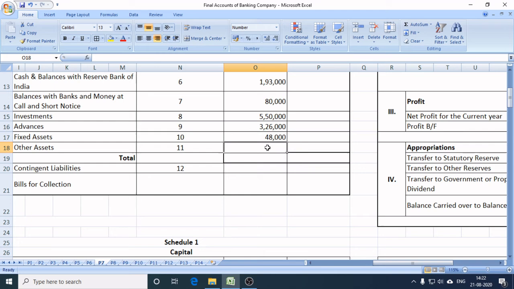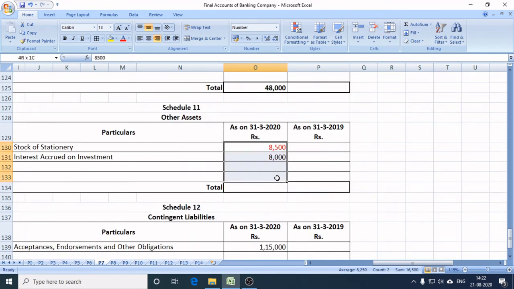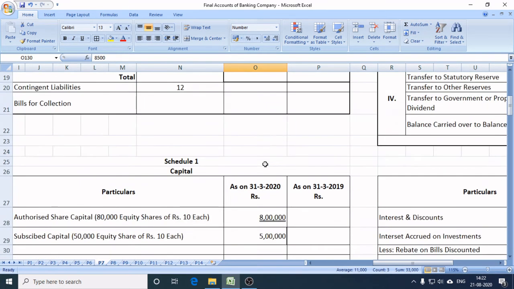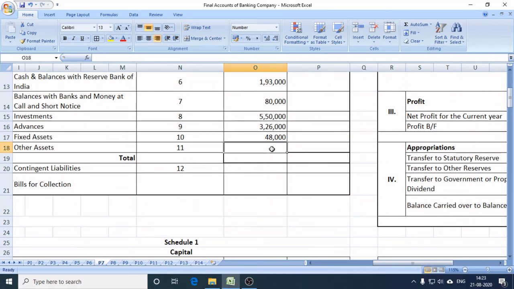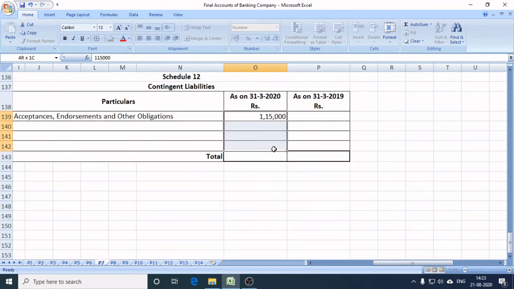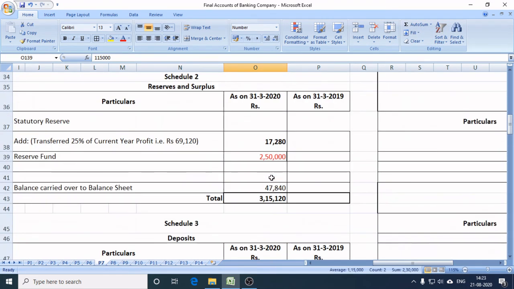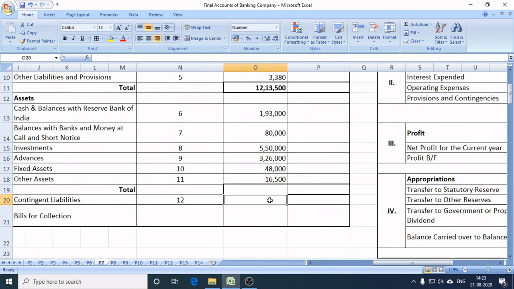Okay, number 11 now, 16,500. Okay, and finally schedule number 12, 1,15,000. That is acceptances, endorsements, and other obligation.